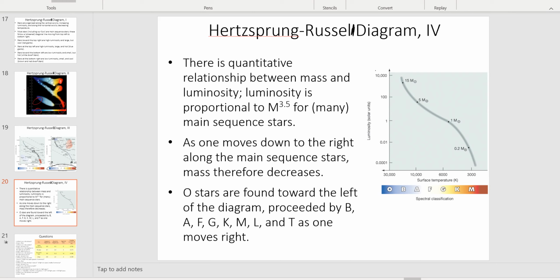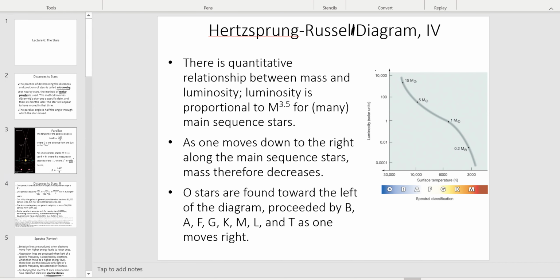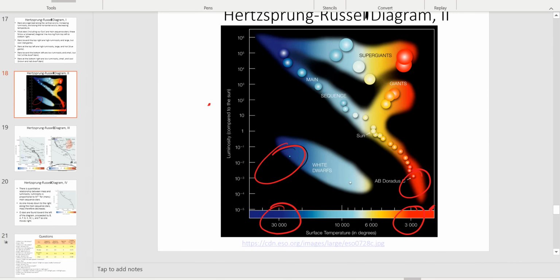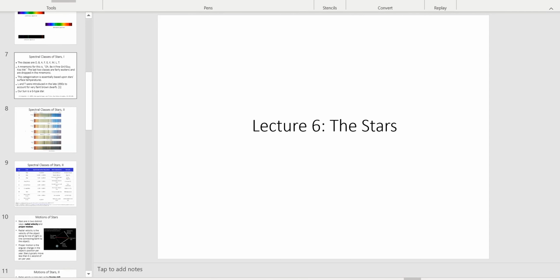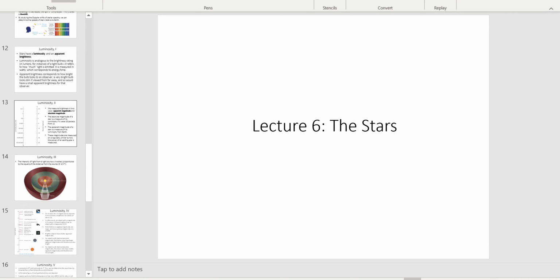That's it for this lecture. There was a lot of stuff in this lecture. We talked about how to classify stars. In particular, we talked about the stellar spectra classification, the O through M and then LT scale. Before then, we talked a little bit about stellar parallax. We then talked about how we conceptualize the brightnesses of stars based on the luminosity and apparent brightness.